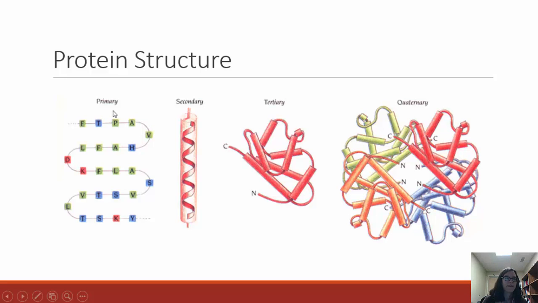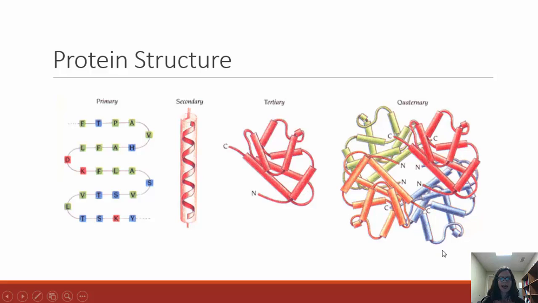But then when it starts to wind up a lot, we get interactions between amino acids that are farther from each other, and it gives us this more complicated structure, which is a tertiary structure. So this could entail the clustering of hydrophobic amino acids, electrostatic attractions between oppositely charged amino acid residues, and covalent bonding. So we have weaker interactions here, and then we have stronger interactions here.